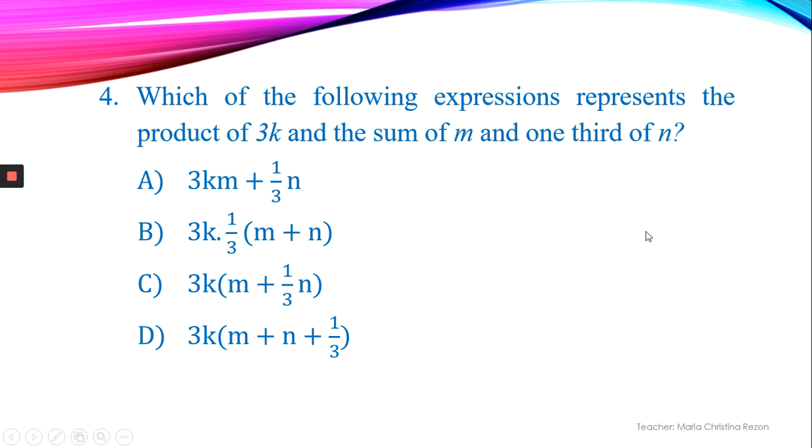How do you write that? You have m plus 1/3 of n. Product of 3k, so we will just write 3k there beside the quantity of m plus 1/3 of n. This means that you are multiplying. So our answer, therefore, is letter C.